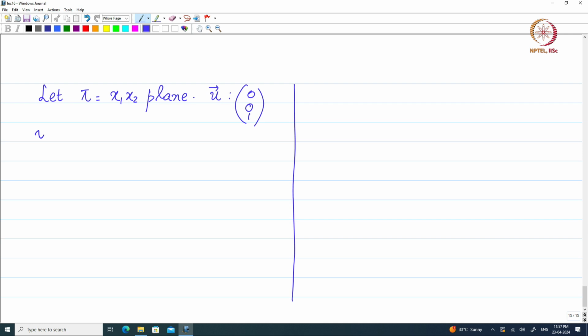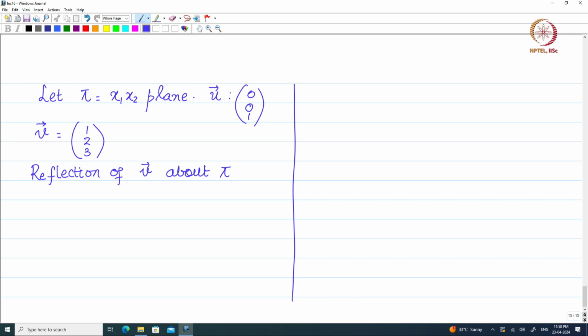Now, I want to find out the reflection of v, which is given by 1 2 3, about this plane. So, reflection of v about pi is what we want to figure out.